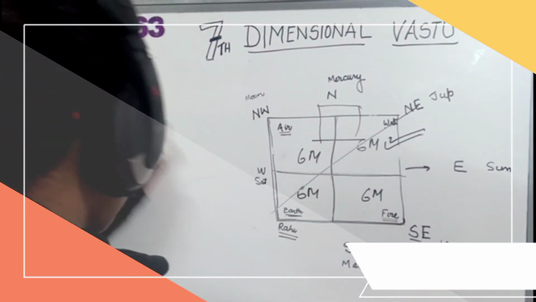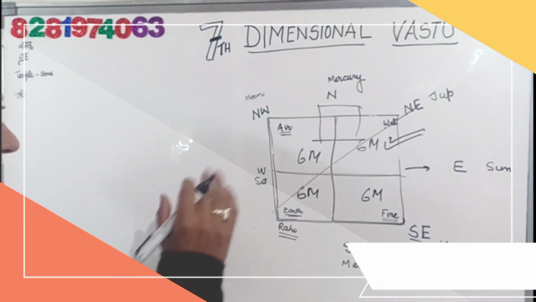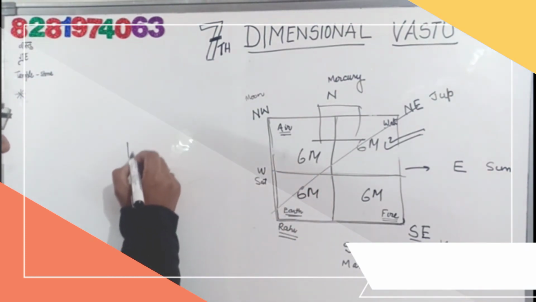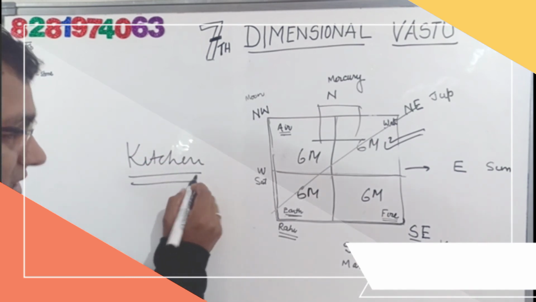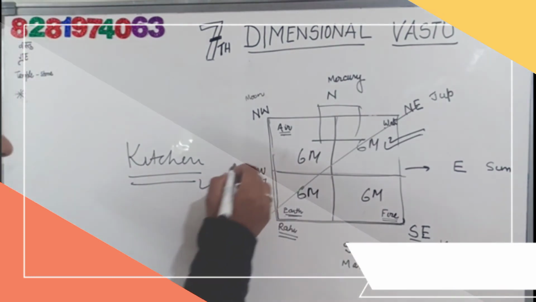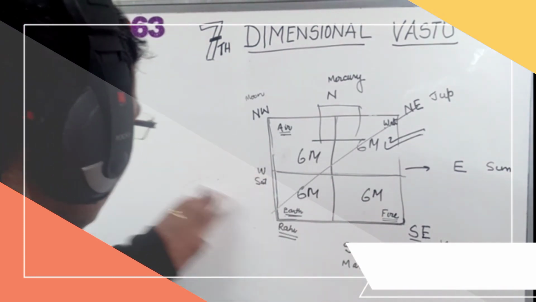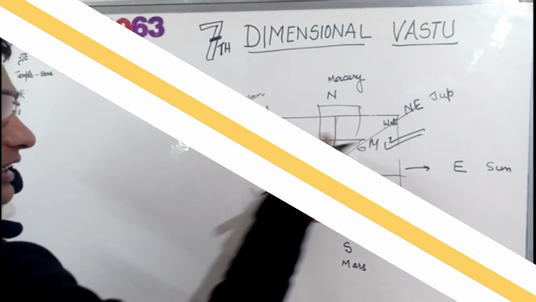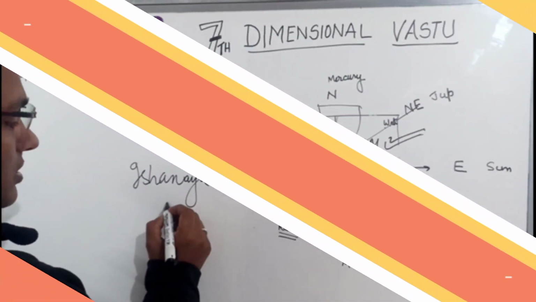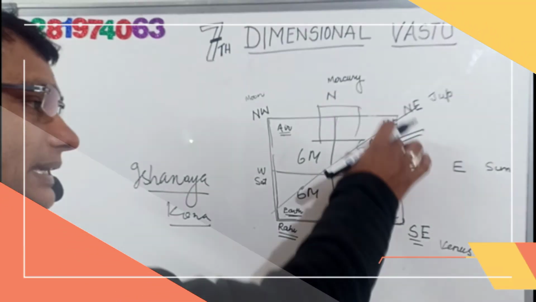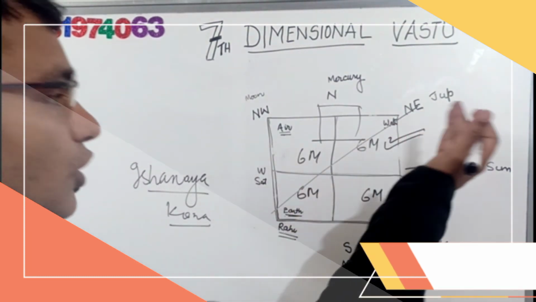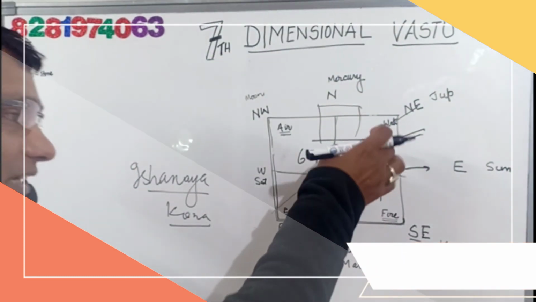Now, a very interesting factor I want to explain here. Kitchen must be in the fire element, it is good. But remember one thing, if you make the kitchen in the Ishanya corner, in this angle, then the energy coming into your house will mix in your food.